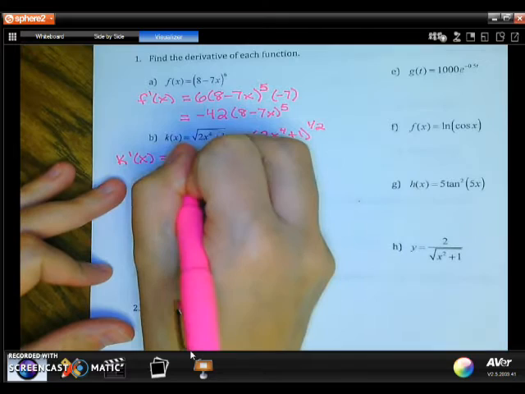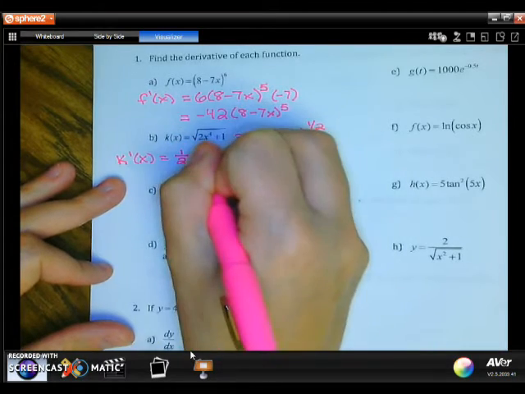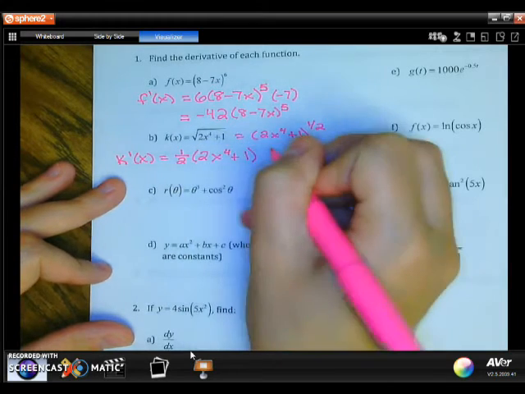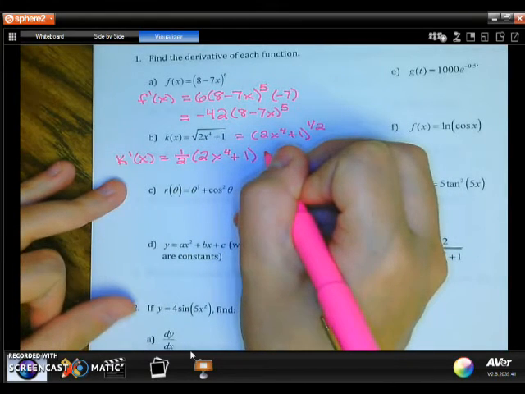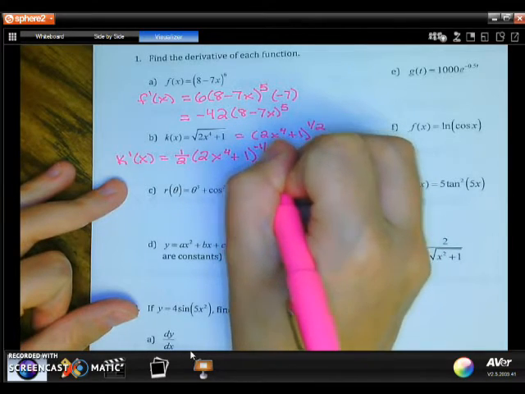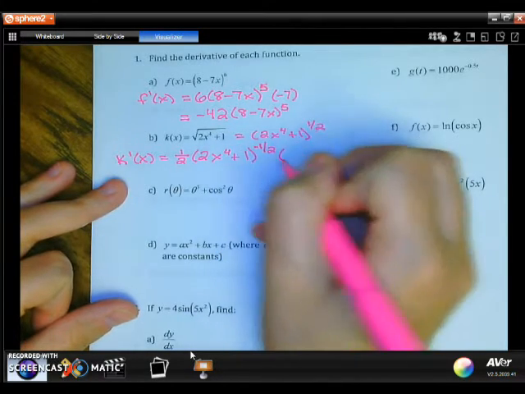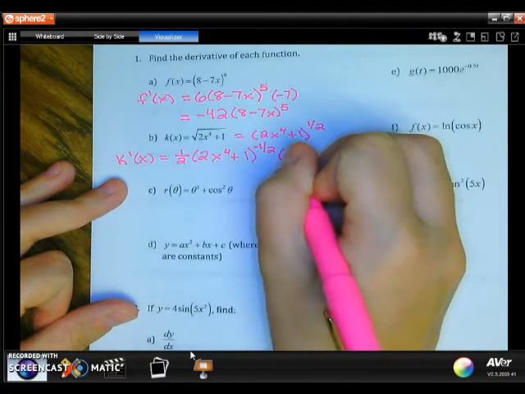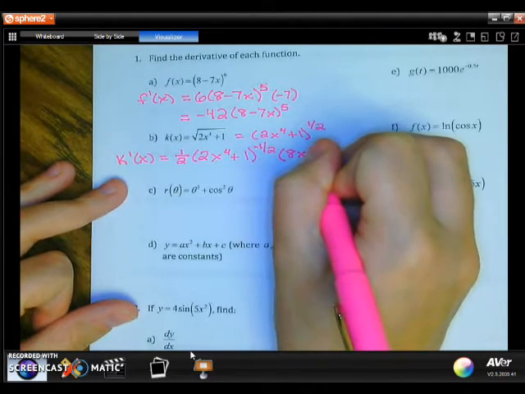The derivative is going to be 1/2. You just recopy the part in parentheses as is. You decrease the exponent by 1, so 1/2 minus 1 is going to be a -1/2, multiplied by the derivative of the inside. So the derivative of that, 4 times 2 is 8x cubed.